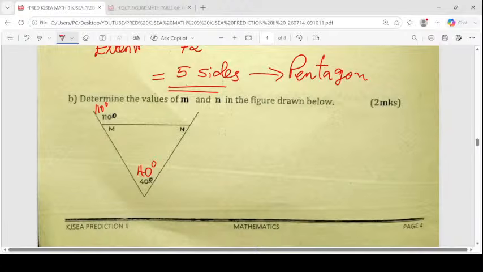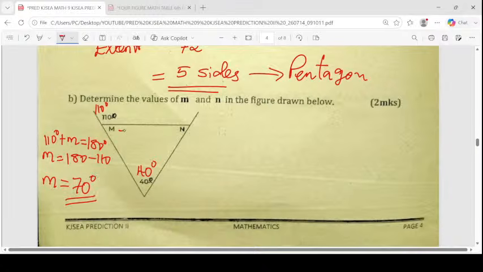What you should know is that 110 degrees plus m should give me 180 degrees because those are angles in a straight line. So to get m, I'll have m being given by 180 minus 110. So m will be exactly 70 degrees. So this is the value of m.